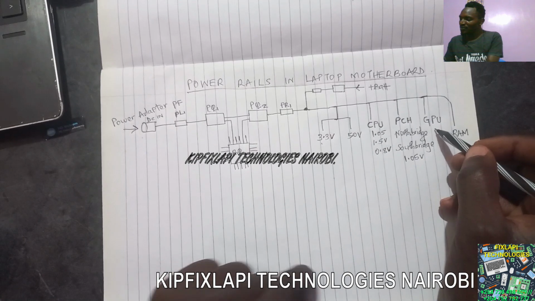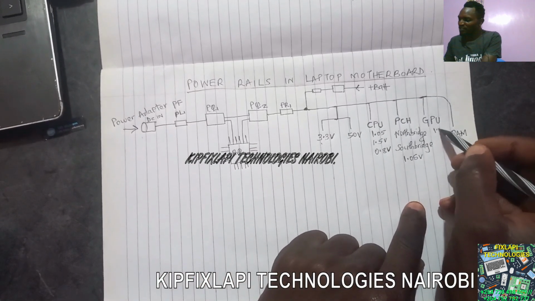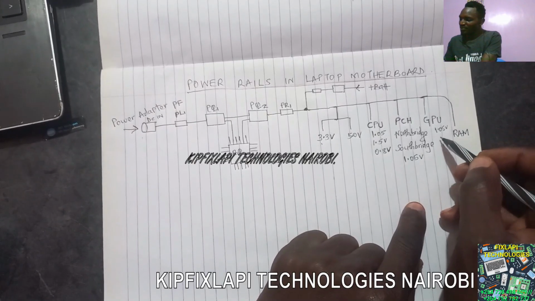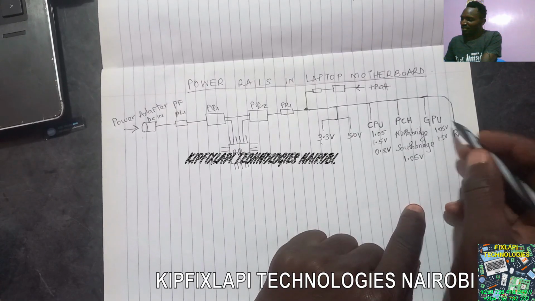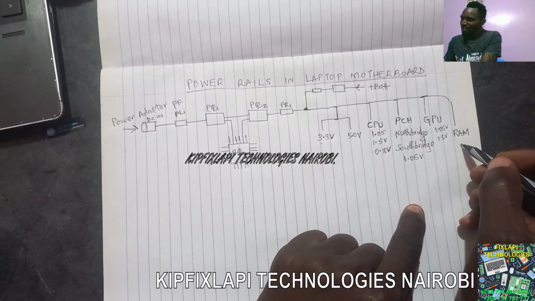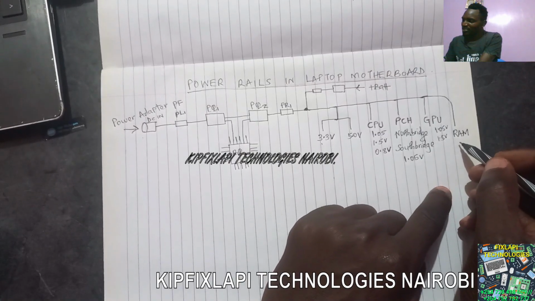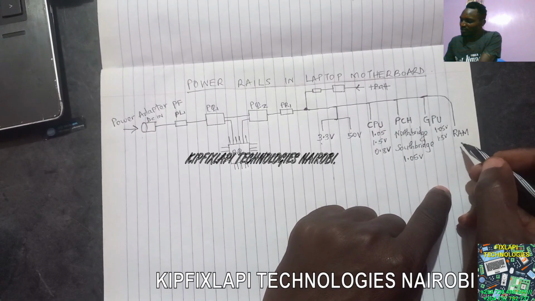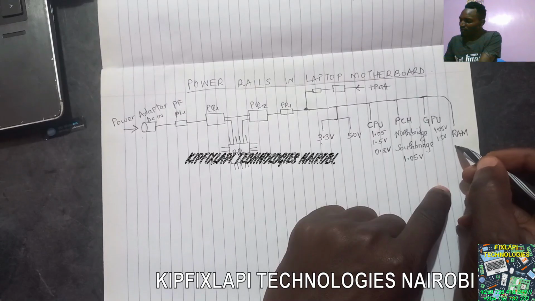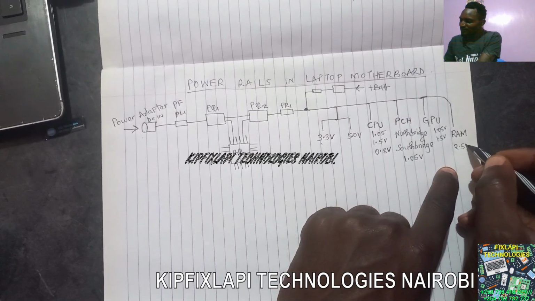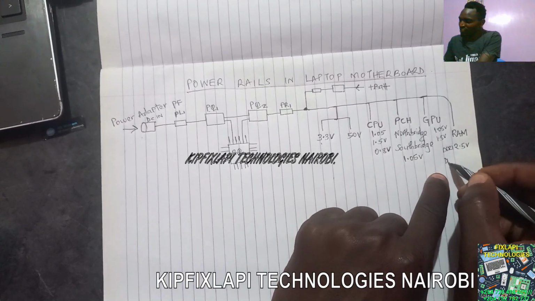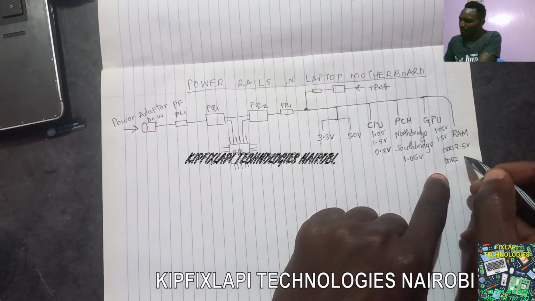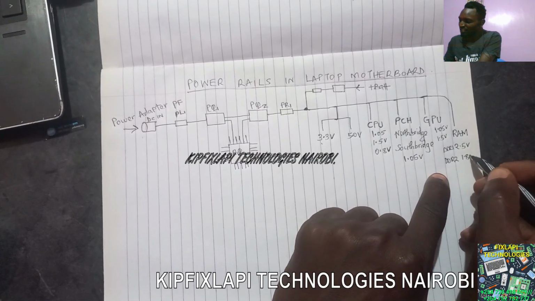Same with the GPU, we need to have 1.05 voltage and also 1.5 voltage for the VRAMs. Then here at the RAM, it depends on which type of DDR you are talking about. For example, if you have DDR1, we'll be having 2.5 voltage. If we have DDR2, we'll be having 1.8 voltage.